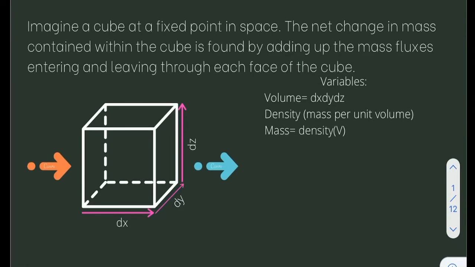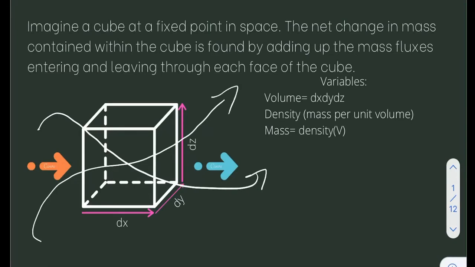So let's begin. Imagine that you have a cube at a fixed point in space. Ibig sabihin, your cube is not moving, it's just there, but fluids can come and go to this system. So, kahit saang part.